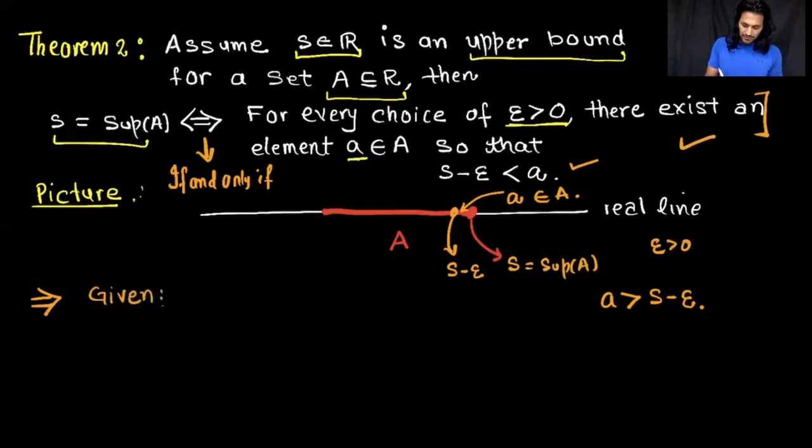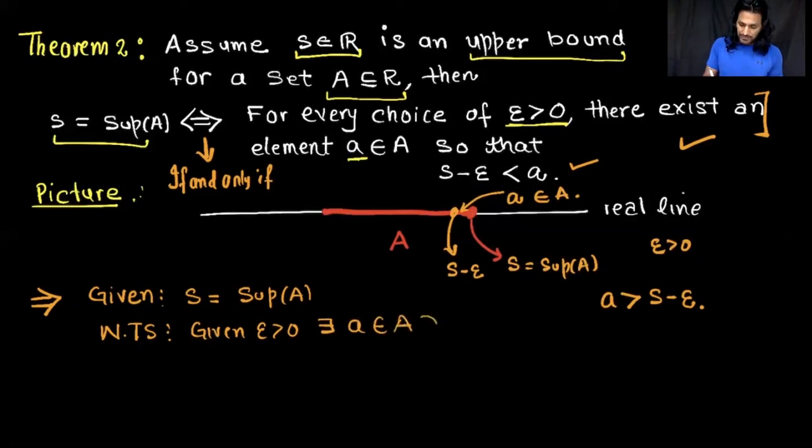In this forward direction, the given is s is the supremum, and also it is given that s is an upper bound. So s has to be an upper bound if s is the supremum. And we want to show that given any epsilon positive, there always exists a belonging to A, so that s minus epsilon is less than a.